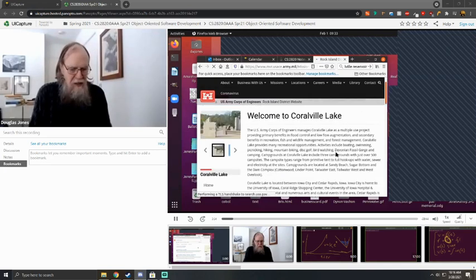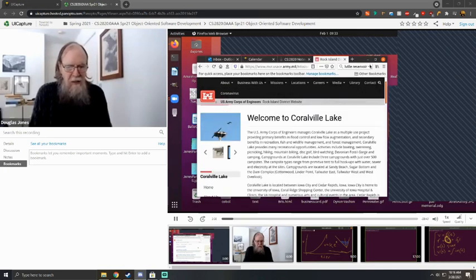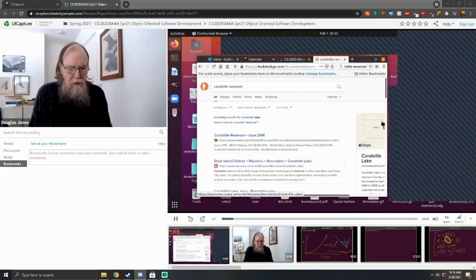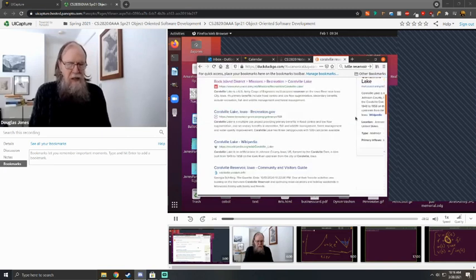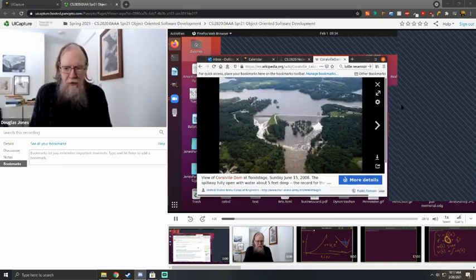And no, that's not the one I wanted either. All right. That'll do. So this is a photograph of the Coralville Reservoir during the 2008 flood when, let's see, can you all see this picture?